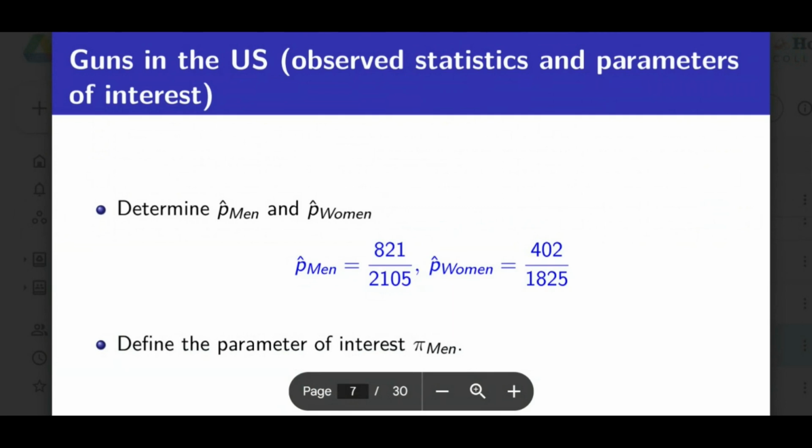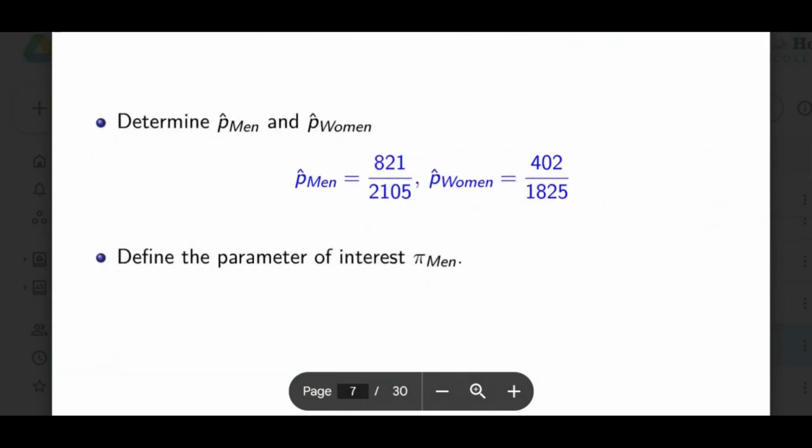If you find the totals, you'll find that there were 2,105 men in the center. And you do the same for the women. Notice also that p hat is measuring the yeses. It's the fraction of yes. So I'm going to ask you all whether you can tell me the words that you should use to define pi men.